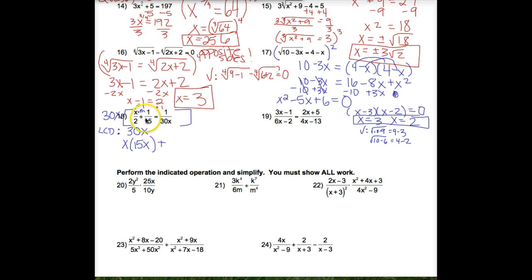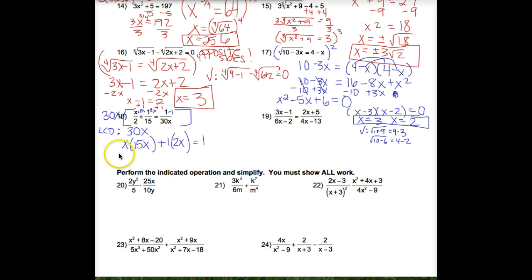What did I multiply 15 by to get 30x? Well, I multiplied by 2x, so I'm going to take my 1 and multiply it by 2x as well. What did I multiply 30x by to get 30x? Well, nothing. I multiplied it by 1, so that is just going to stay how it is. So because I multiplied the denominator by 1, I do the same to the numerator, and that is 1 also.